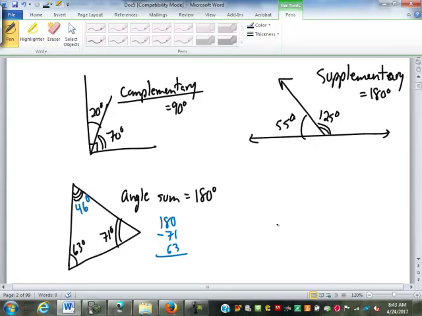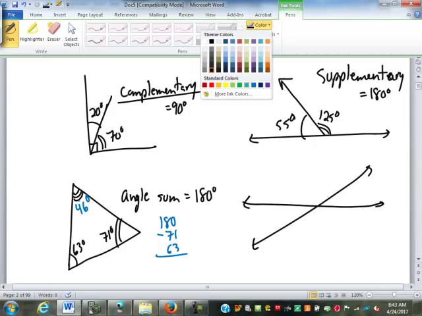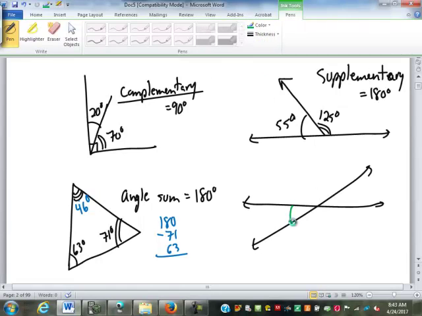Then the final situation we have is when we have intersecting lines. This angle and this angle must be the same. They're called vertical angles.